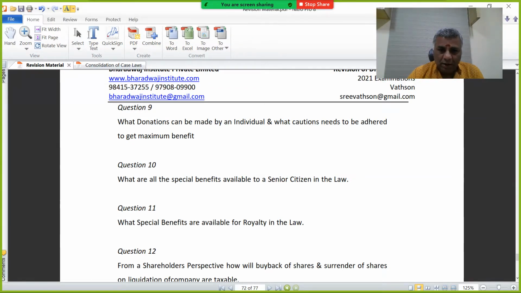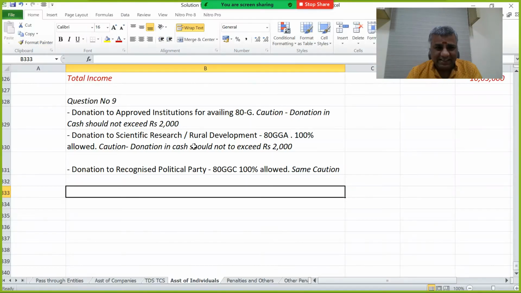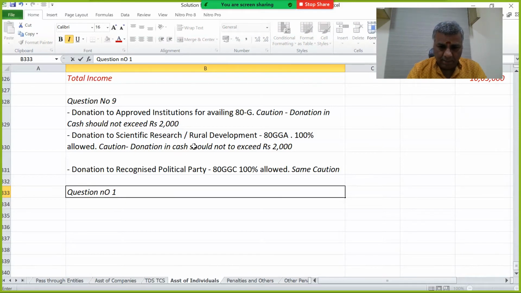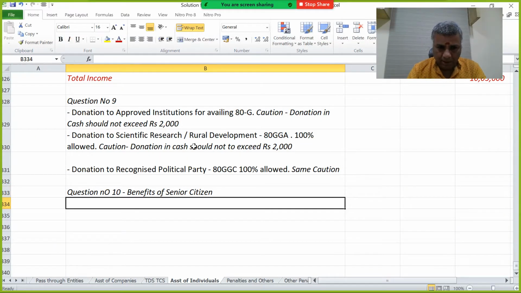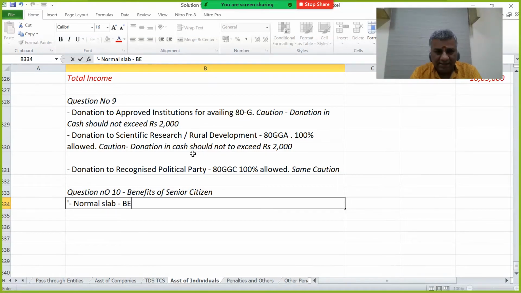Question number 10. What are all the special benefits available to a senior citizen? Benefits of senior citizen: normal slab, basic exemption limit 3 lakhs.